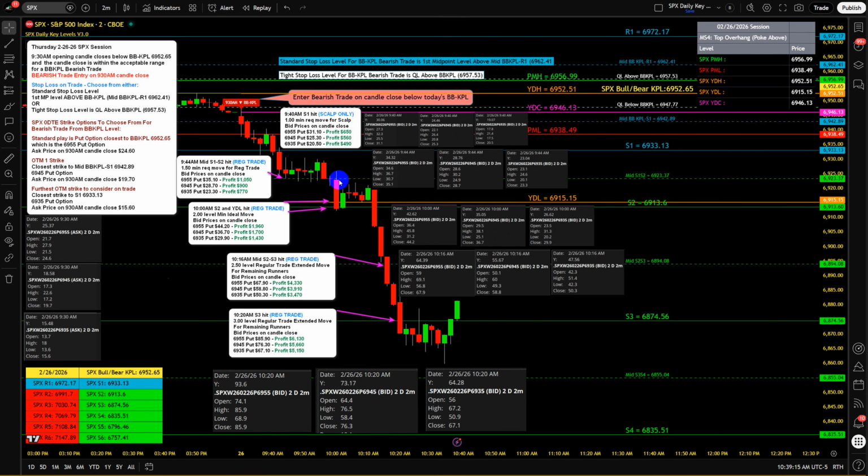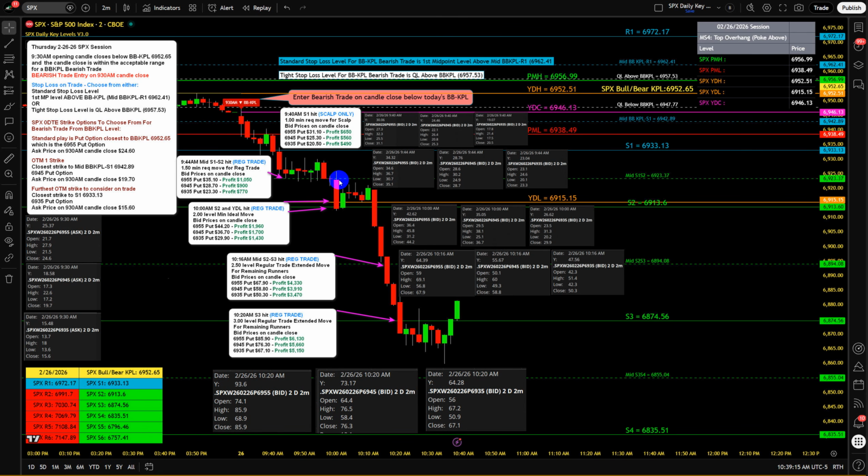So although with scalps you could adjust a scalp and turn a scalp into a regular trade, generally speaking, it's best to look at every trade as either a scalp only, where you have your defined exit and execute the trade based on a scalp only move, or the other type of trade with this daily key level strategy, which we call a regular trade.